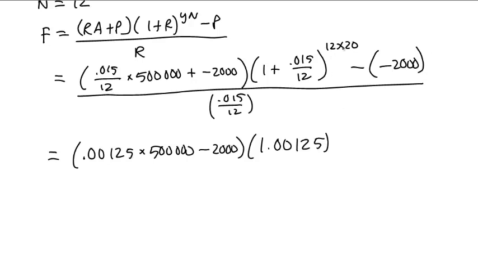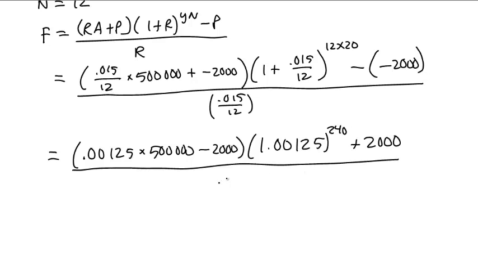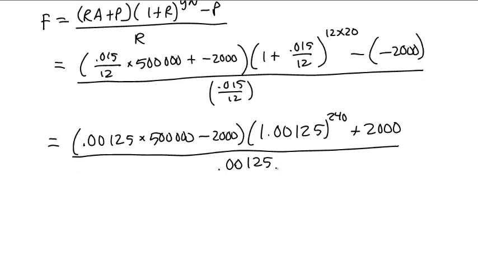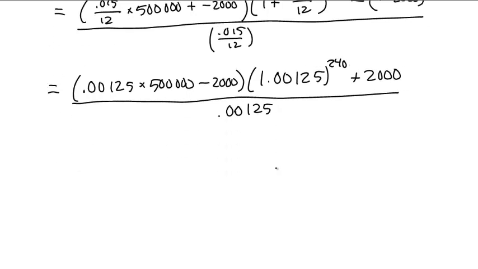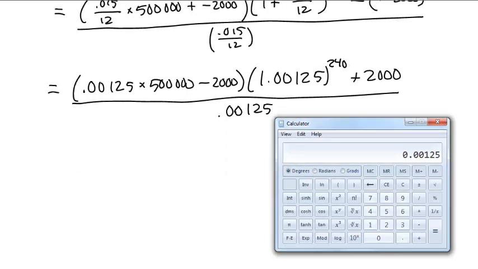And then we have 1.00125, and 12 times 20 is 240, so this is to the 240. Subtracting a negative is adding 2,000. And we are dividing this whole thing by 0.00125. Now what do we need to do?